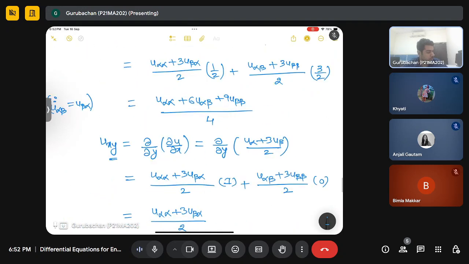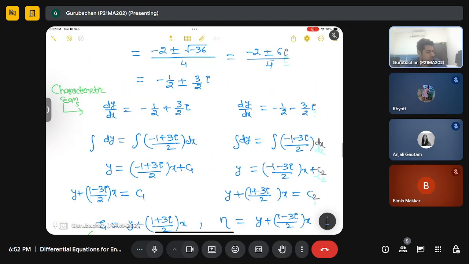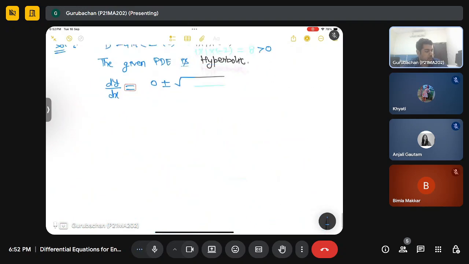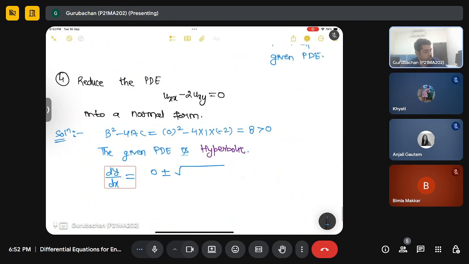Let me see whether I have mentioned the formula or not. So I am using this formula. B square is 0, and b square minus 4ac we calculated as 8. Let me just cross verify whether it was 8 or something else.